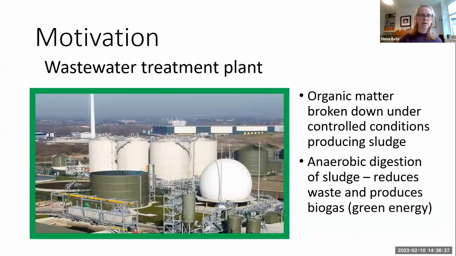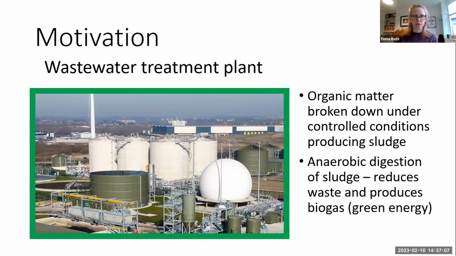I'll just zoom in. So hopefully, if I put my pointer on these 4 tanks here, there are 4 anaerobic digester tanks. Inside these digesters, the sewage sludge gets broken down by lots of anaerobic microbes and produces biogas, which gets collected in this sort of bubble here. Biogas can be used as a fuel instead of natural gas.